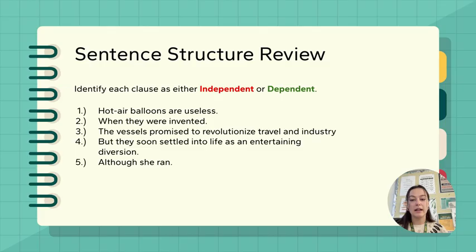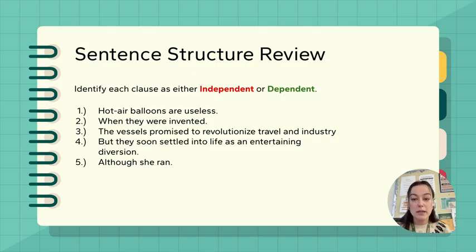However, if we look at the second one, so, when they were invented, we still have that clause, the subject and the verb, but it seems that this one is missing a little bit of information, and that can be attributed to this first word, when. So, when they were invented, it makes it seem like there's further information that is going to follow.